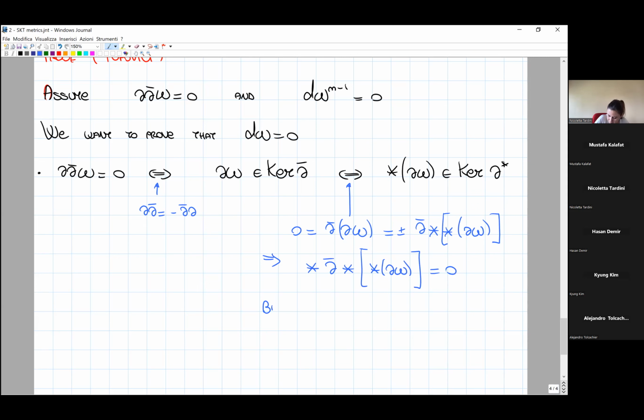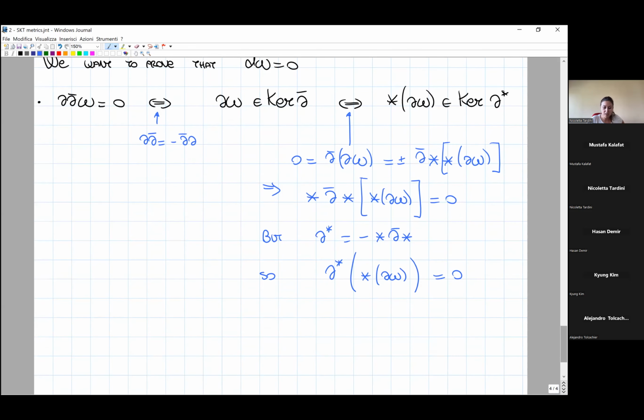But del star is by definition minus star del bar star, so del star applied to star del omega is equal to 0. Here is the equivalence: star of del omega belongs to the kernel of del star. So this is another way to define SKT metrics. These are all equivalences.